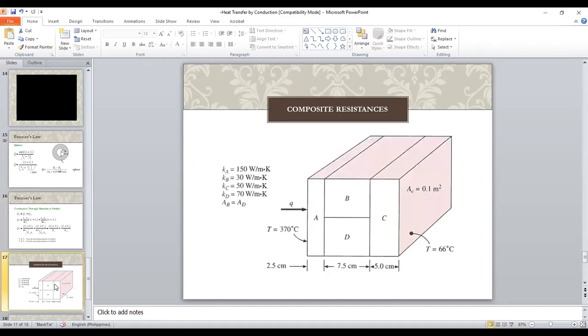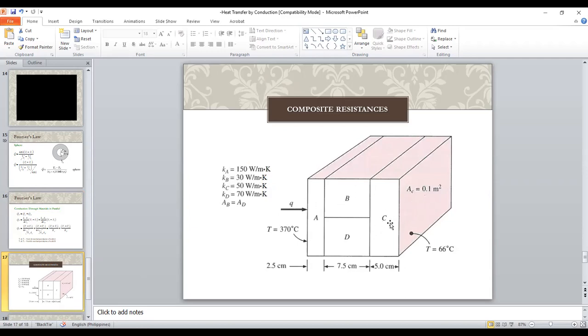There are instances wherein you're given composite resistances. Let's say this is the direction of heat transfer. You need not worry about the A and the C here because the areas of these surfaces are all perpendicular to the direction of heat flow, and they are said to be in series. A and C are in series.